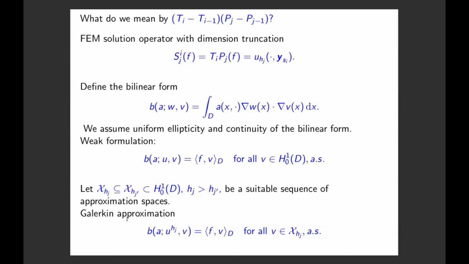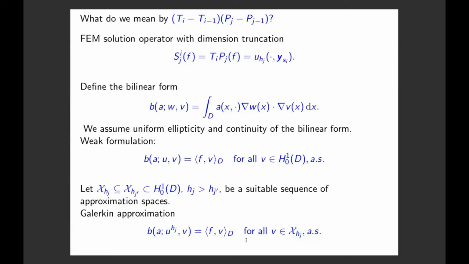And then we obtain a Galerkin approximation UHJ of our solution, where we replace the V. Now we restrict it to a subset of the space H01D, namely this finite element space. And we want to have this equality almost surely.